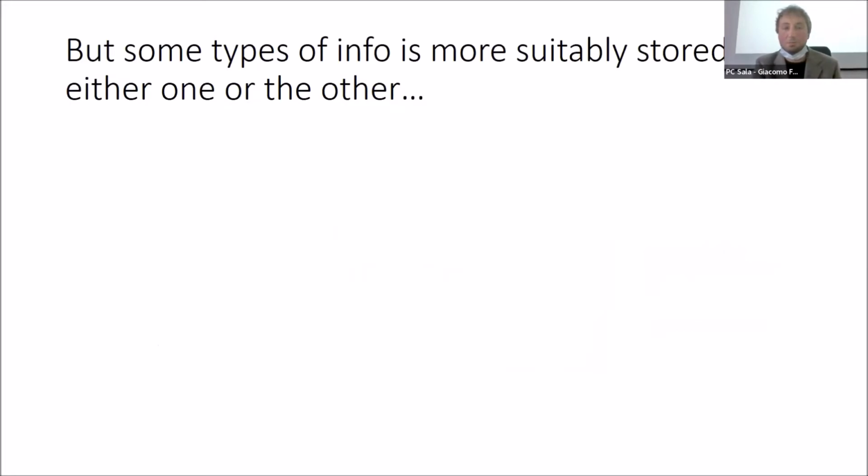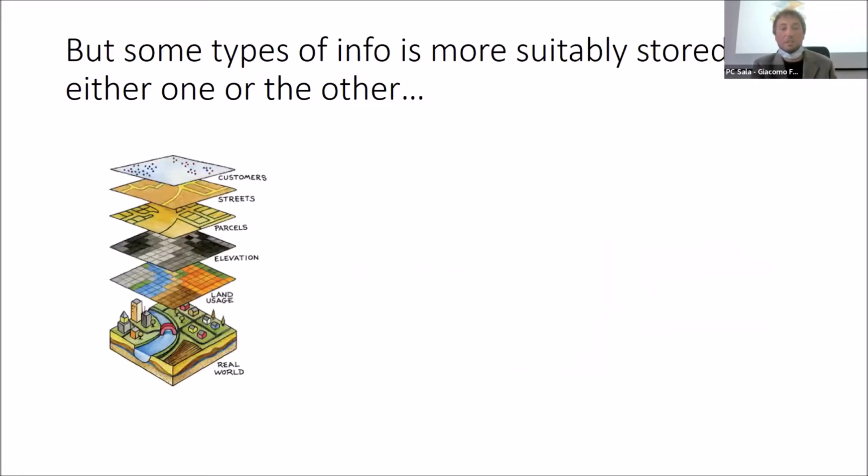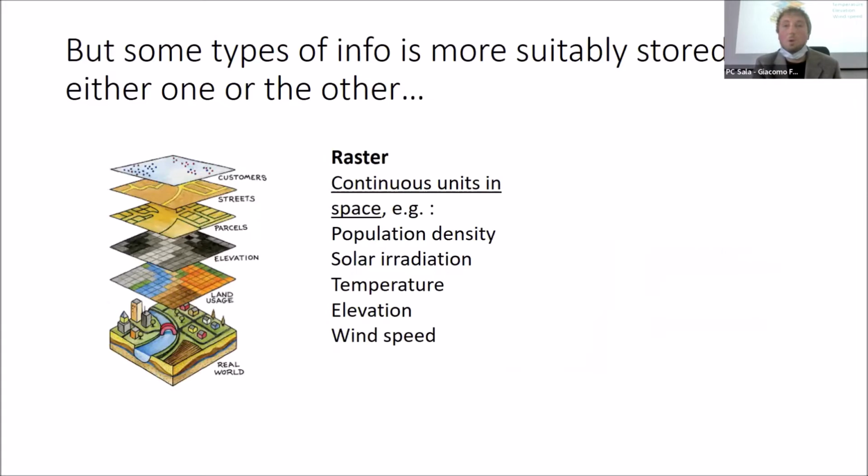However, these two types of spatial data are more or less suitable to represent given types of information. So raster data, continuous data, is suitable for continuous measurement in space. Some examples are population density, temperature, elevation, wind speed, so things that can be measured at any point in space.